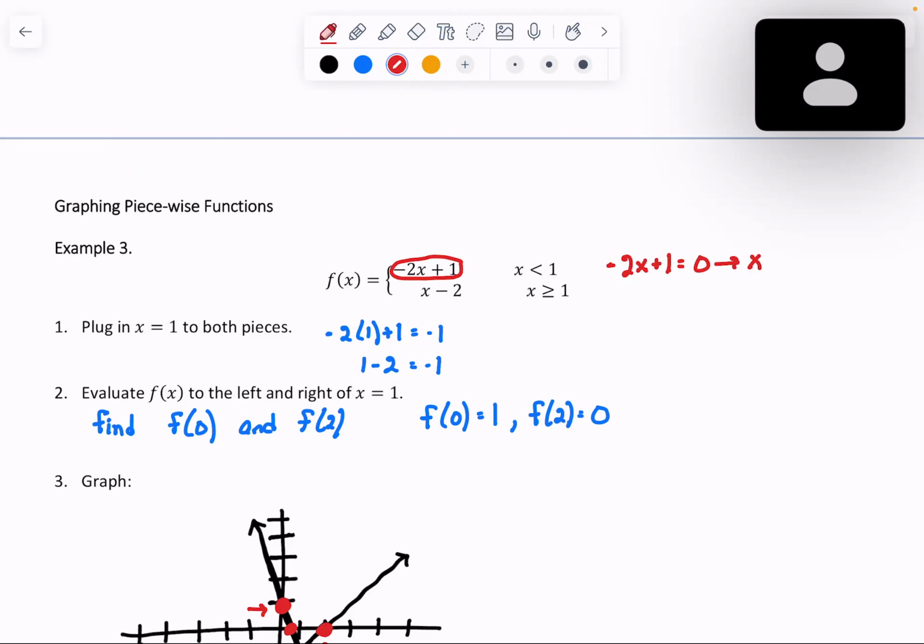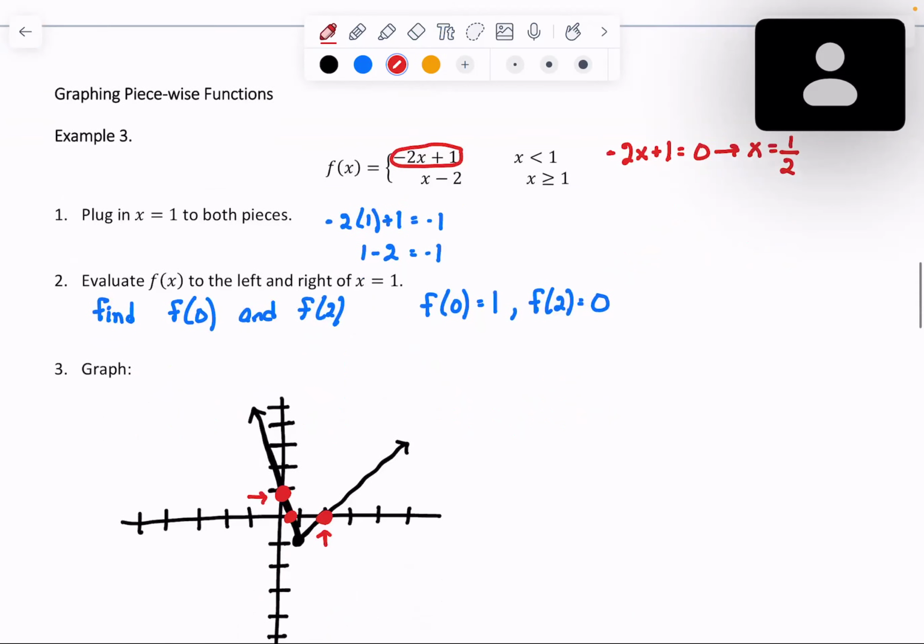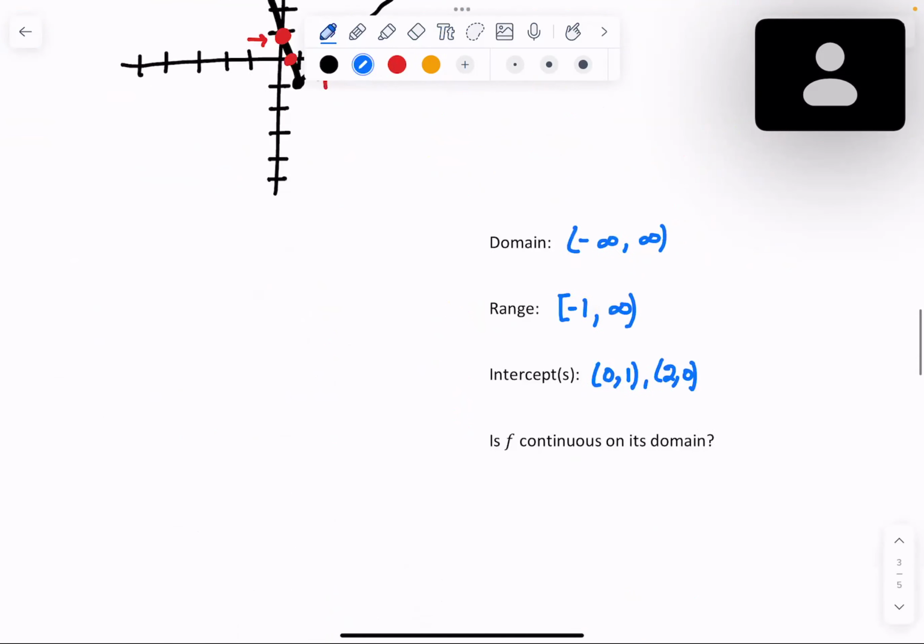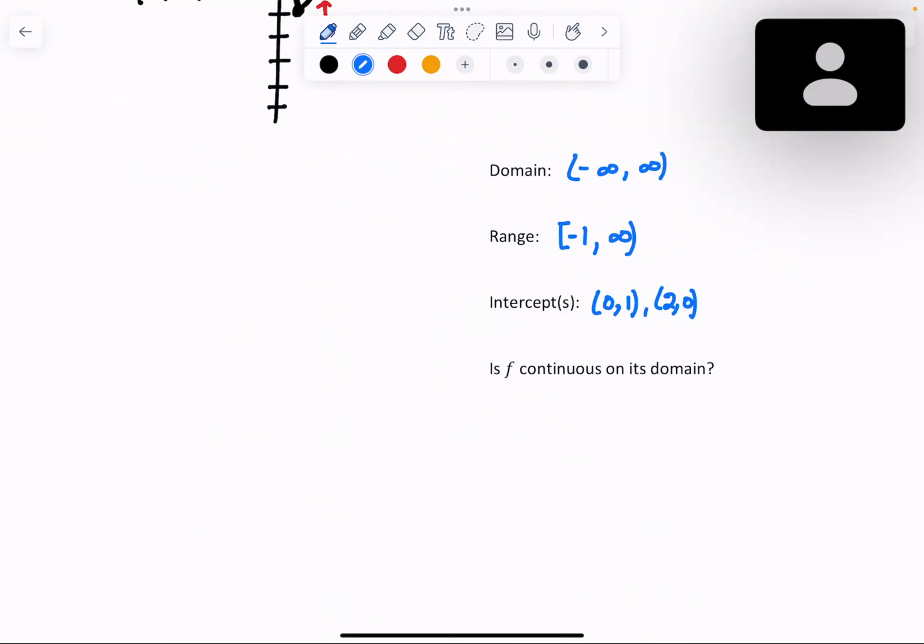Subtract the 1 over, divide by the -1. Yeah, you get a half, right? So the other intercept is 1/2, 0.